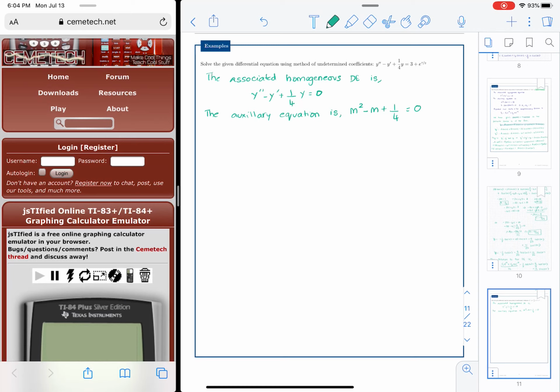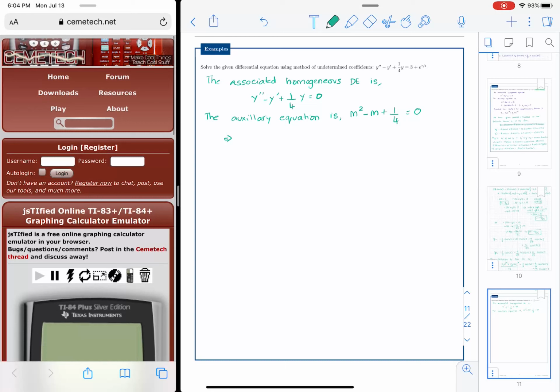I'm perfectly fine with fractions, but some people don't like fractions, so we can eliminate that fraction by multiplying by 4 on both sides. So I'd end up getting 4m squared minus 4m plus 1 equals 0. We could use the quadratic formula.